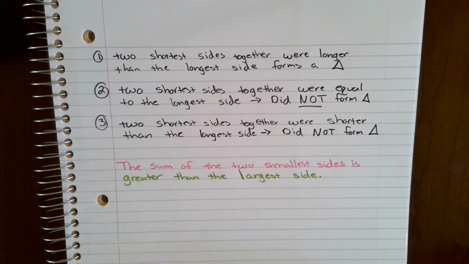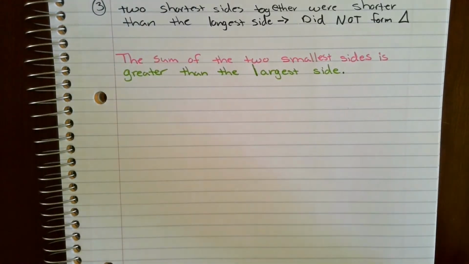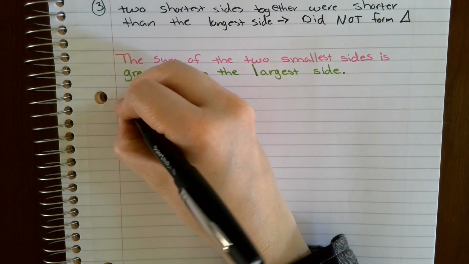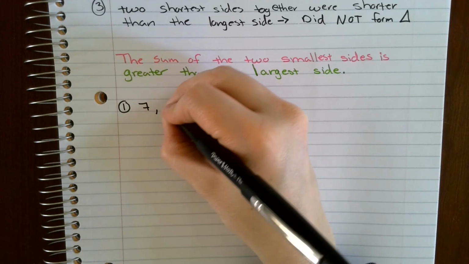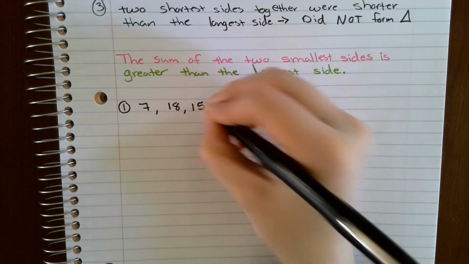So let's take a look at a couple of examples, some actual values, and we're going to decide, is it able to form a triangle or not? Okay, so we have 7, 18, and 15.